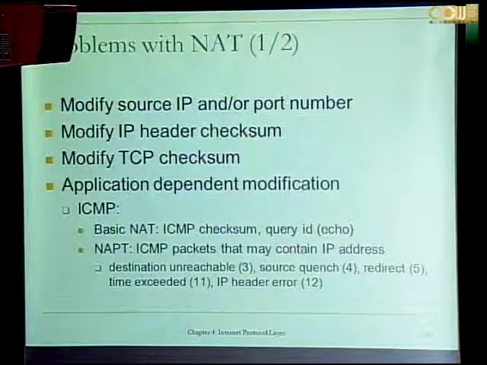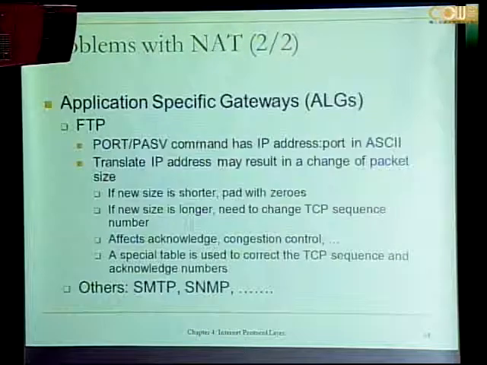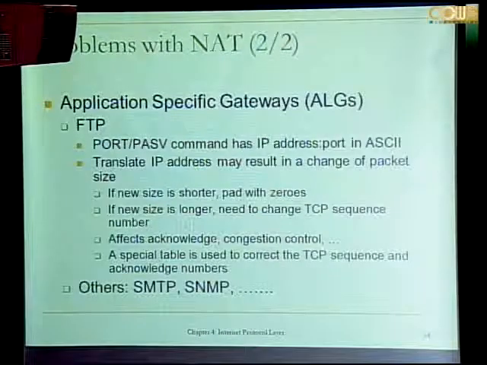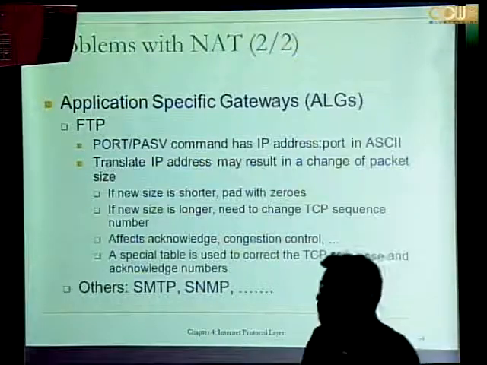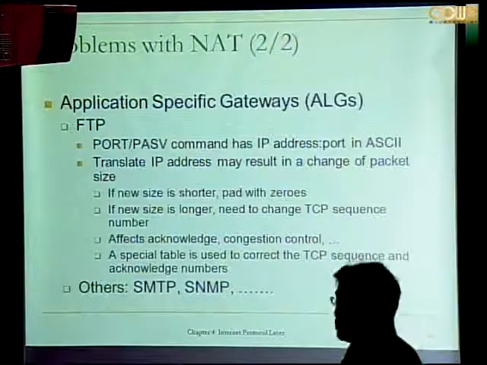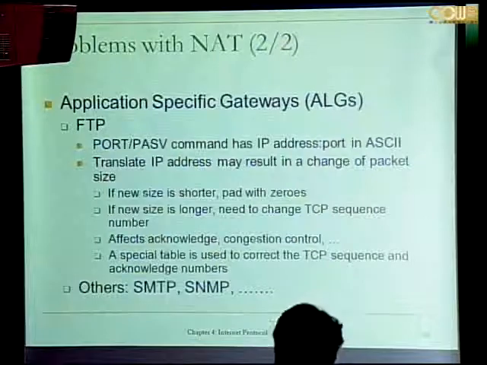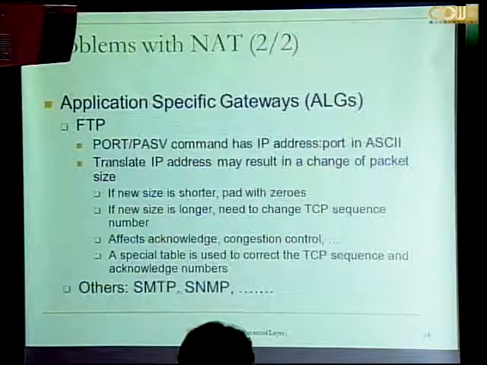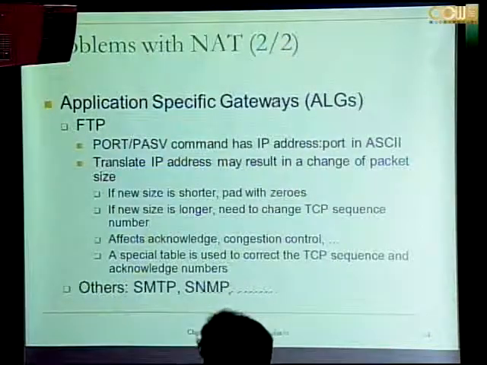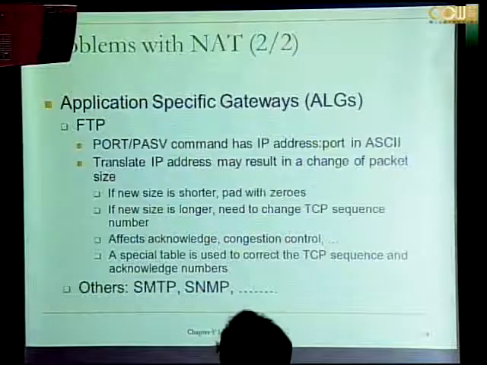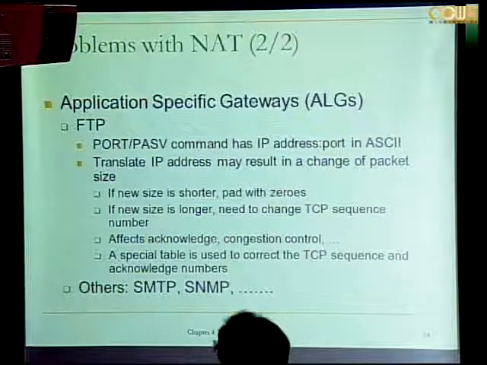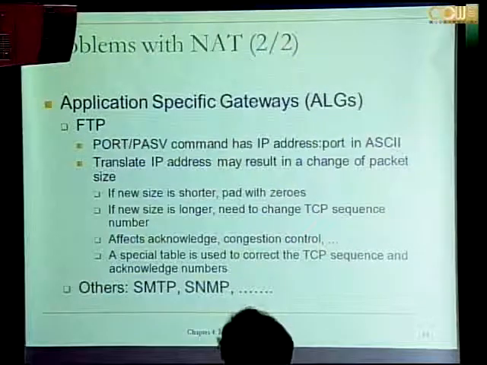And ICMP is not the only example. There are many others. FTP is another example. In FTP, which we will see in chapter 6, the application layer, there's a protocol, FTP, file transfer protocol. And in the FTP command, it has IP address and port number.